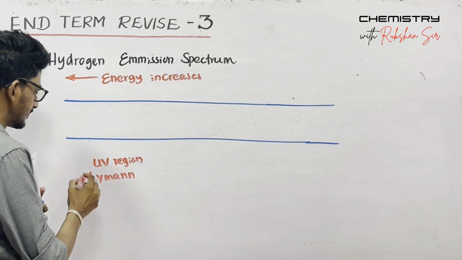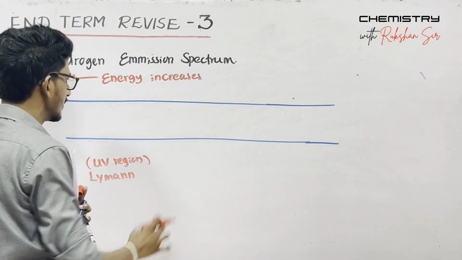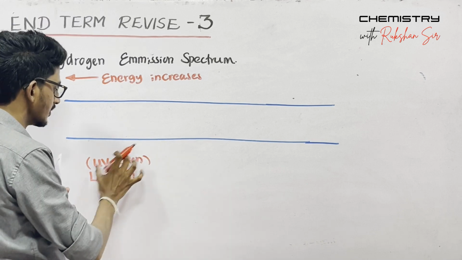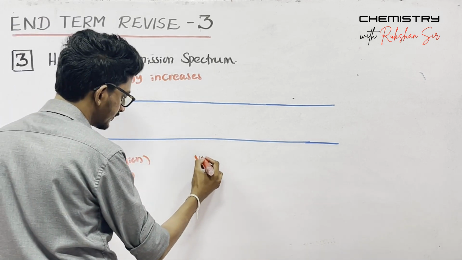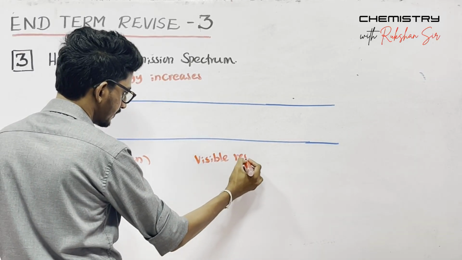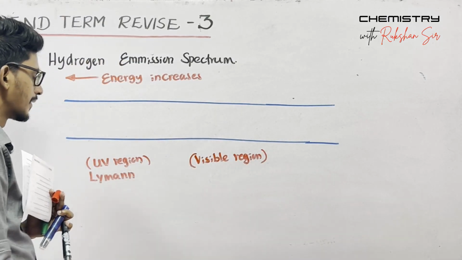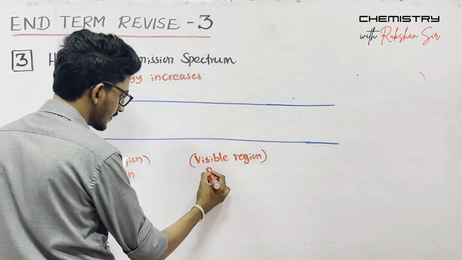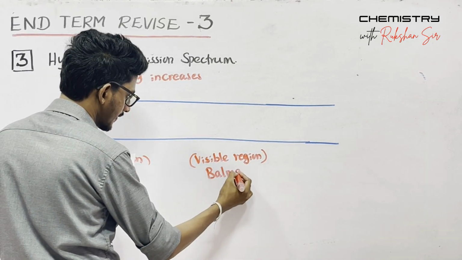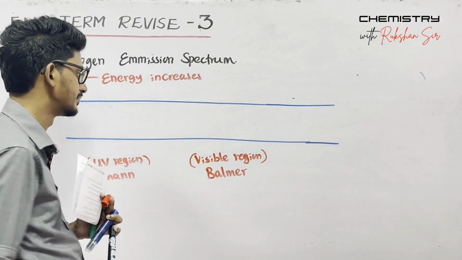At the visible region, which has less energy than the UV, the first 4 colorful lines of the Balmer series appear.